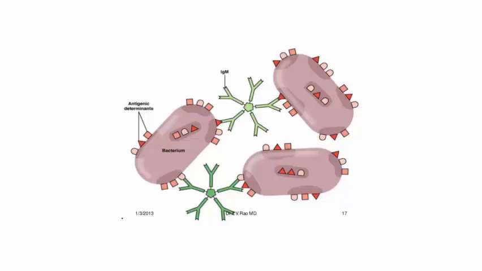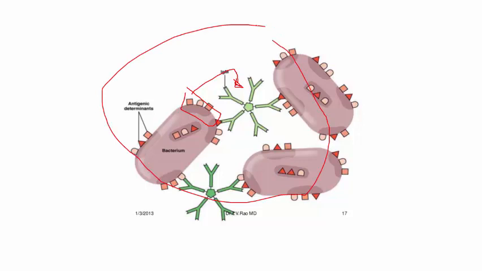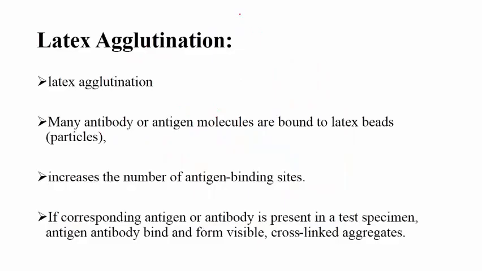Now, whenever any microorganism enters the body, on the surface of the microorganism there will be antigens. This antigen will react with the antibody, and ultimately they will form visible clumping. This is a visible clumping. This is called agglutination.